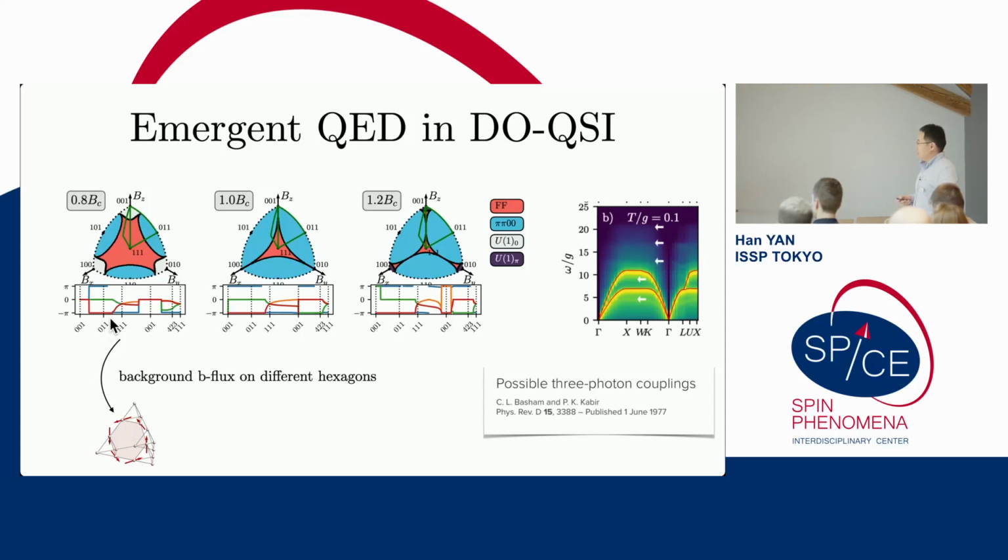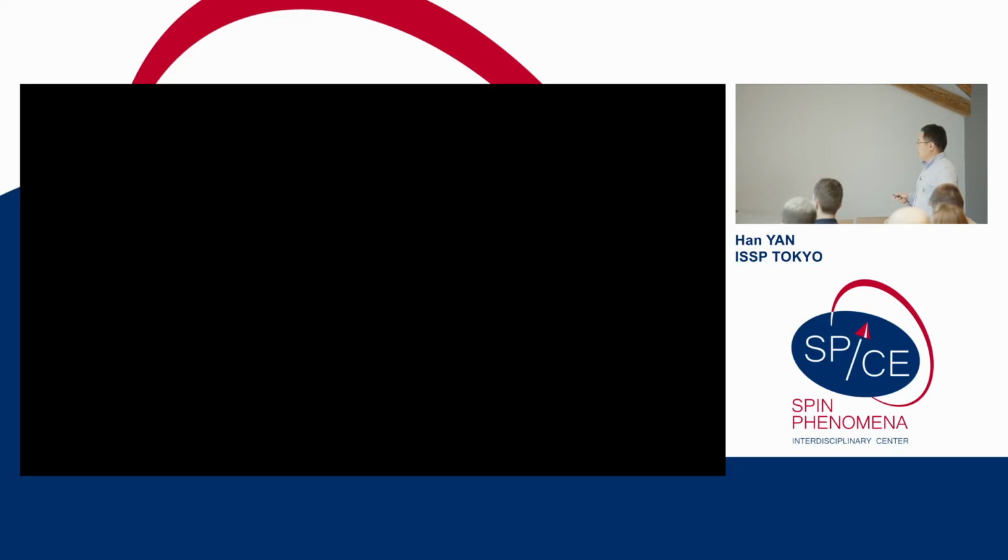Instead, they can change continuously, as shown in the curves here, at least in the large S limit. This is a bit hard to confirm numerically, I have to say. But what's interesting here is that you actually will have this three photon coupling effect, which also shows up as these steps of your photon.